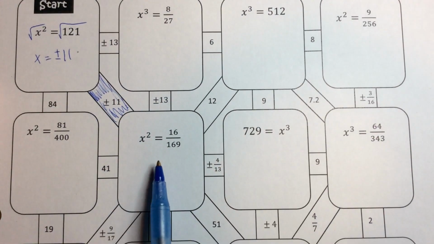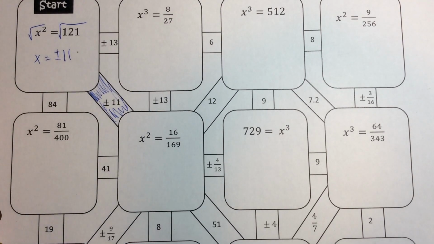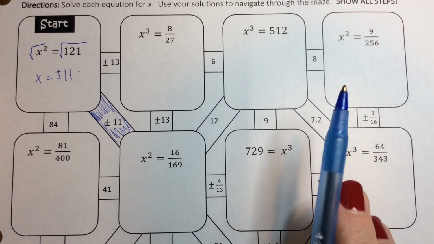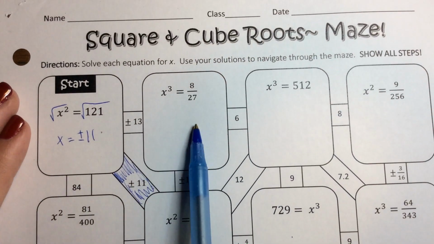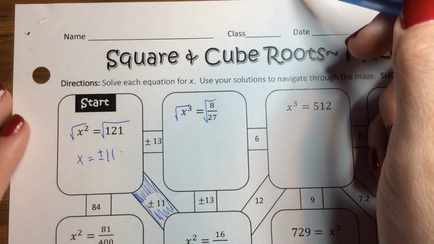So now our next question is going to be this one. I do want to warn you though that when you take the cube root, I don't know if we're going to do this one or not, but I don't think we're going to do this one. Let's do this one. Even though it's not one of the ones that you need to do, we'll do it anyway.